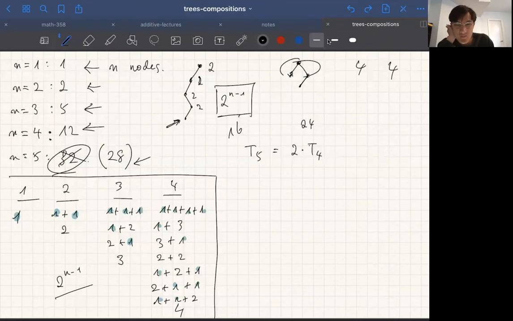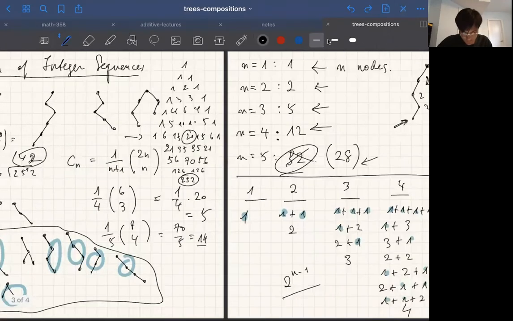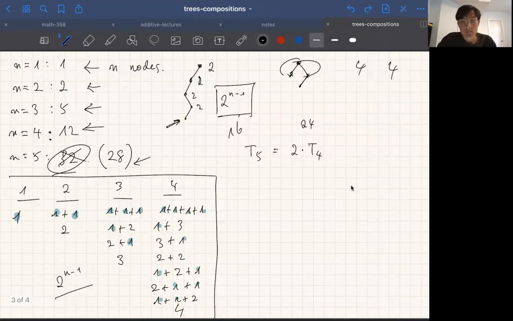I'm wondering if there's a way to do it recursively still. Each of these guys. Something's going wrong.